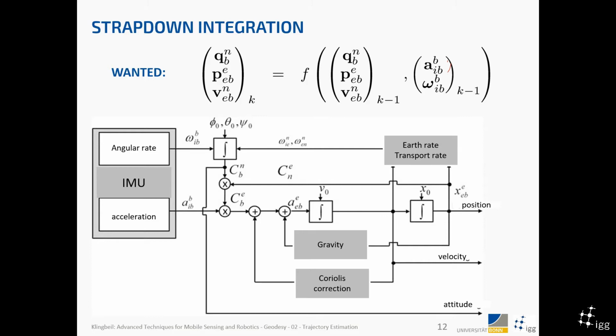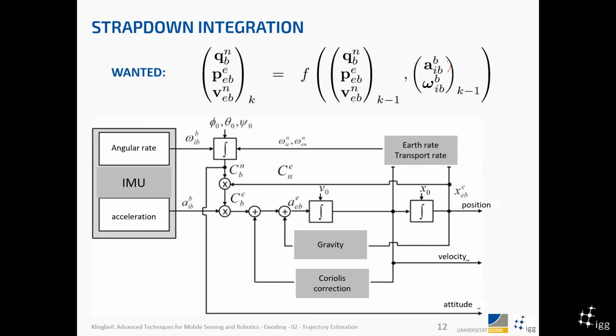And if you do this using those coordinate frame conventions, then the things become very complicated. This is written here as a reminder, because if you consider all these different coordinate systems, then you have to consider the Earth's rate, the transport rate, and all Coriolis corrections.